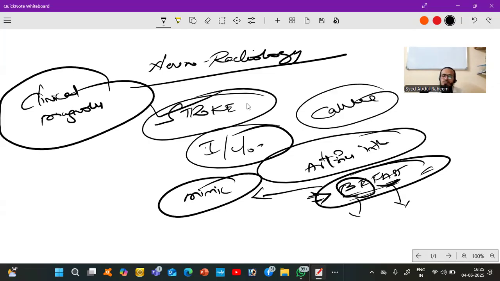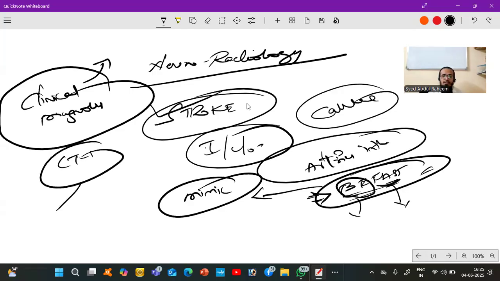Stroke is a clinical diagnosis, meaning with the help of the examination and symptoms, you can diagnose the disease and treat. But why do we do CT or MRI?